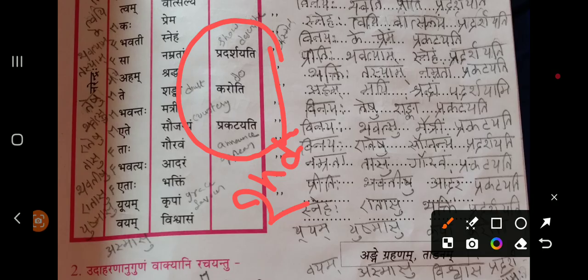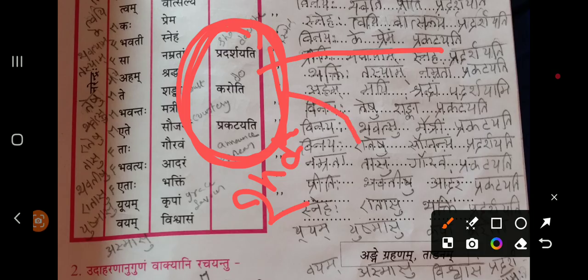So these won't be applicable whenever I want to talk about myself or yourself. These will be applicable only in the third person. Whenever I want to talk about third person, then only I can write as it is. Else I need to convert either into Uttama Purusha or Madhyama Purusha.